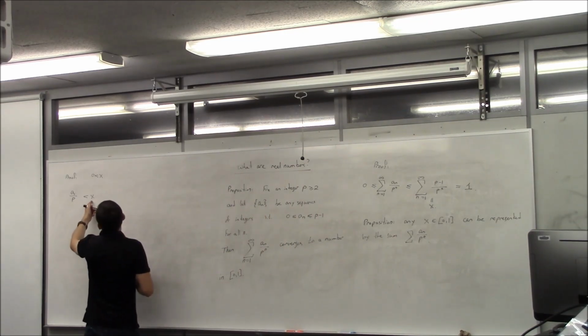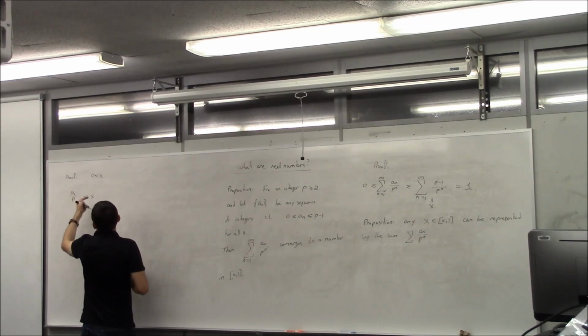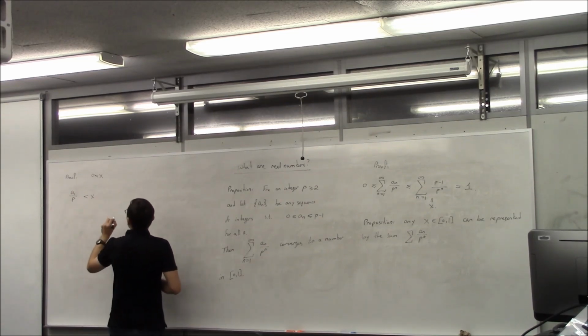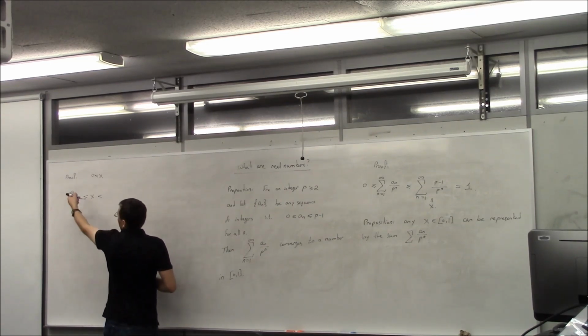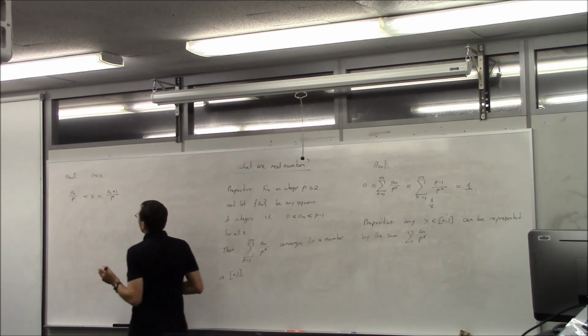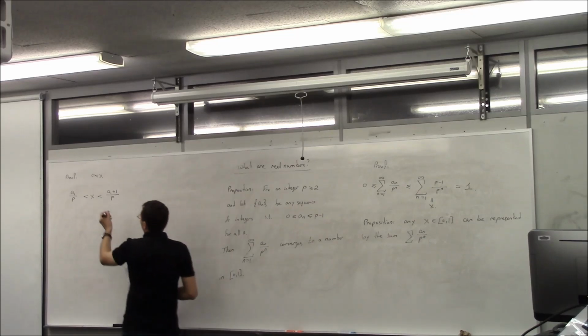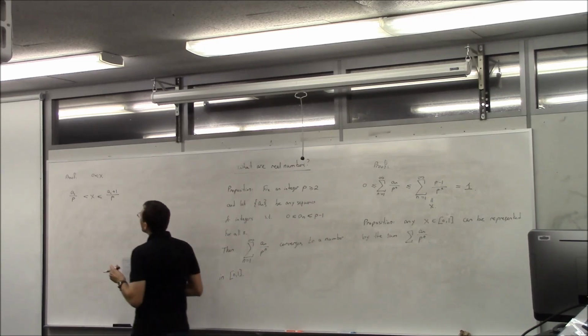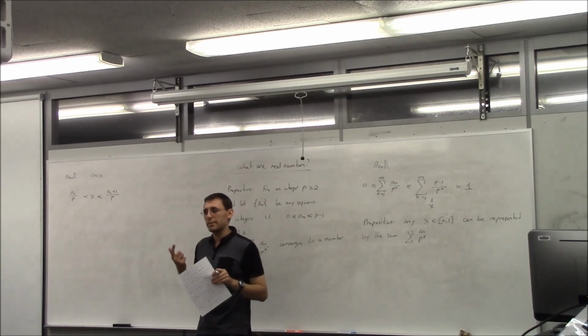So x is just some number bigger than 0. We have that a1 divided by p is less than x, and it's the largest one less than x. In other words, a1 plus 1 over p will already be bigger than or equal to x.